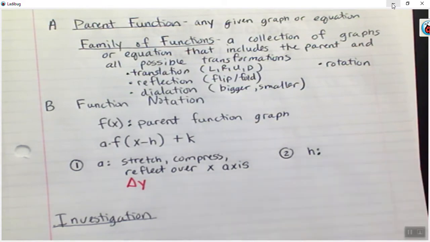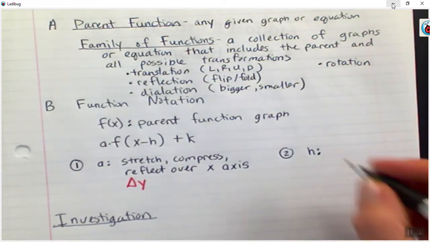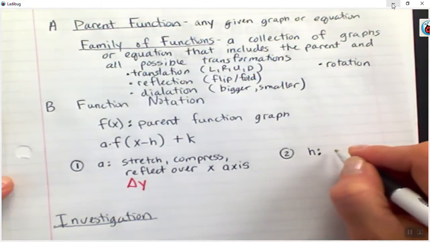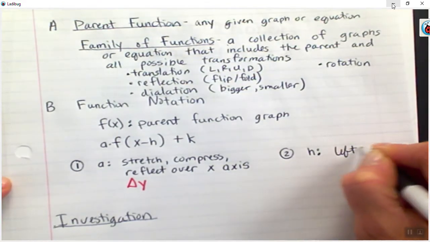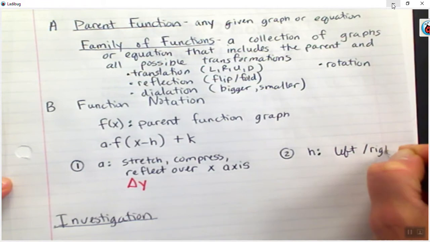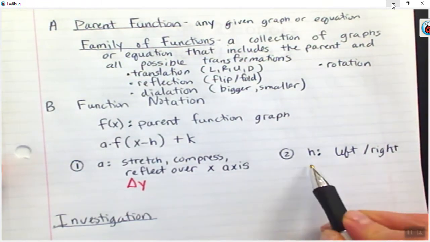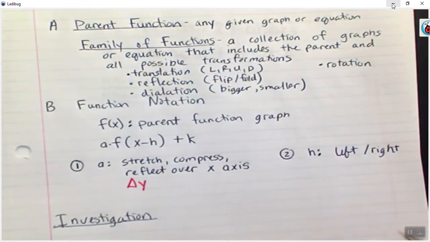What direction did the H move the graph? H, which way did H go? Yes, it moved the graph left or right. Leave a spot, we have to say one more thing there.